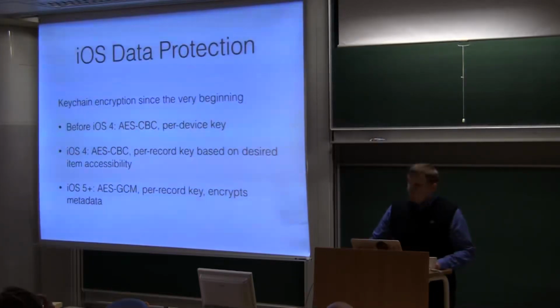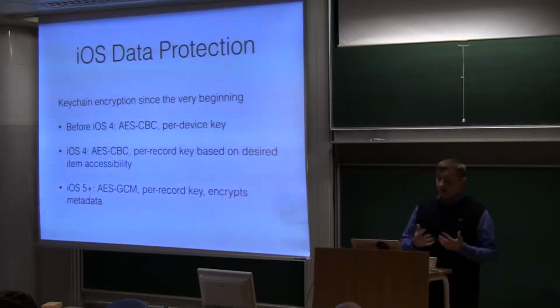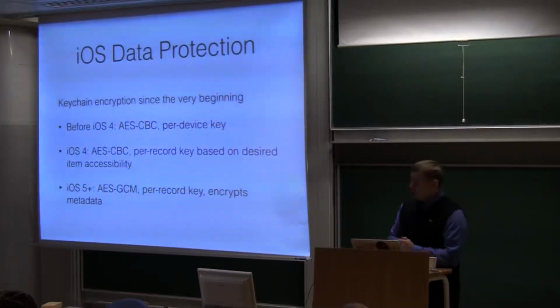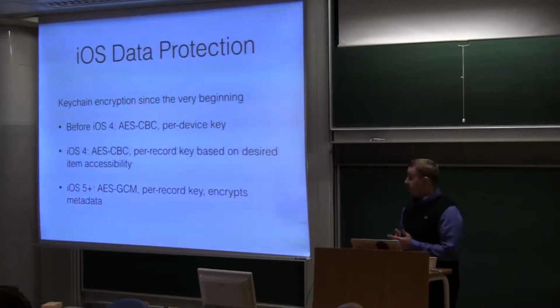Those technologies include several different mechanisms. One of them, and a very important one, is the keychain. Keychain is basically a storage of passwords. It's a central storage of passwords, and iOS manages that storage. Keychain was in the iPhone since the very first iPhone, but before iOS 4 it was not very good.